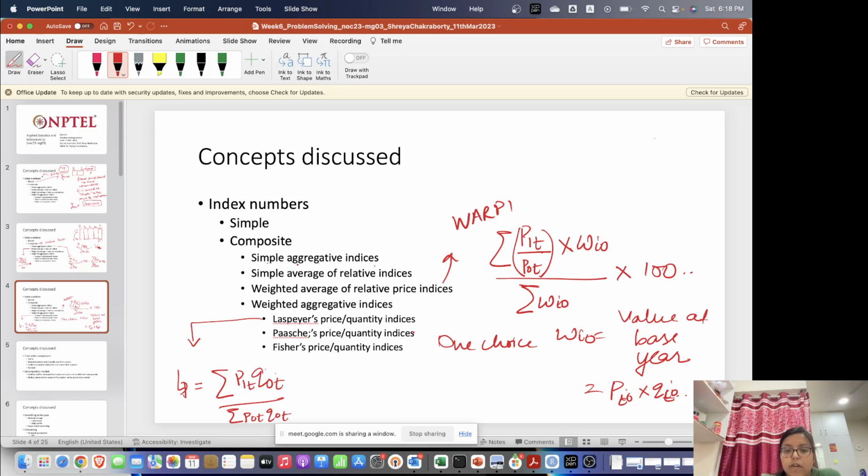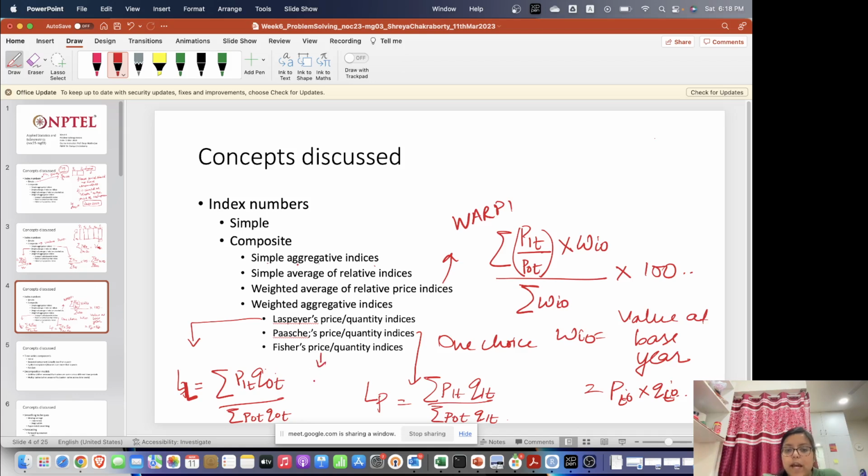Similarly, if we compute the Paasche's price index, then let's say this is, LP would be the summation of P1T Q1T, at current quantity, by P0T Q1T.